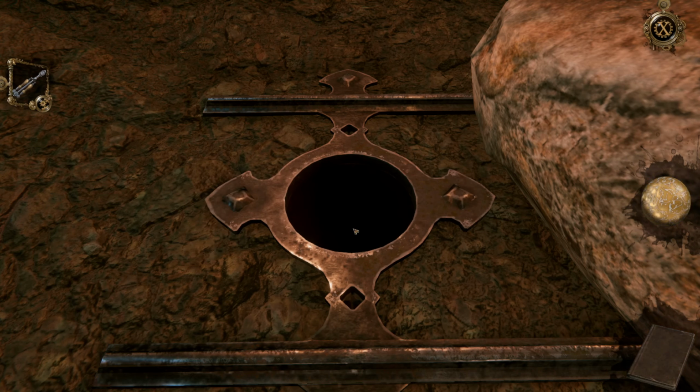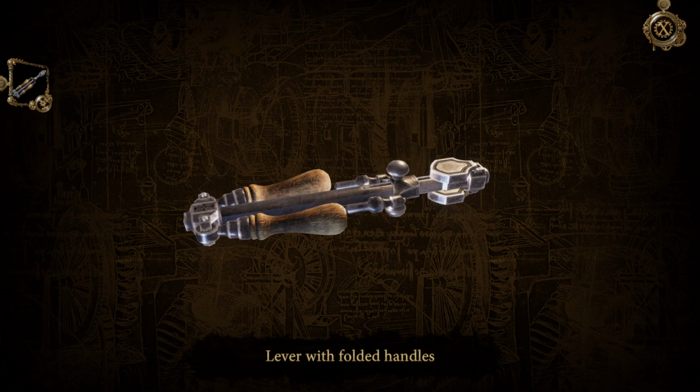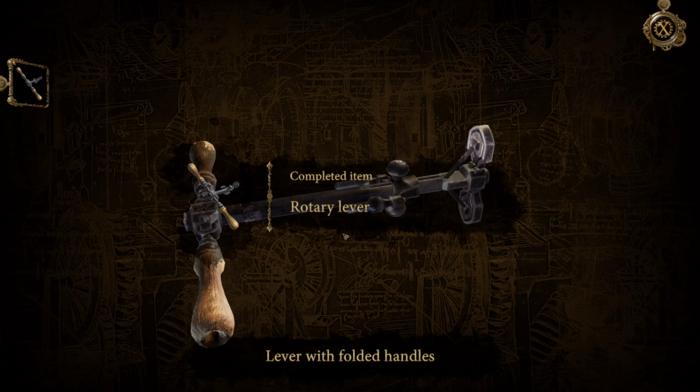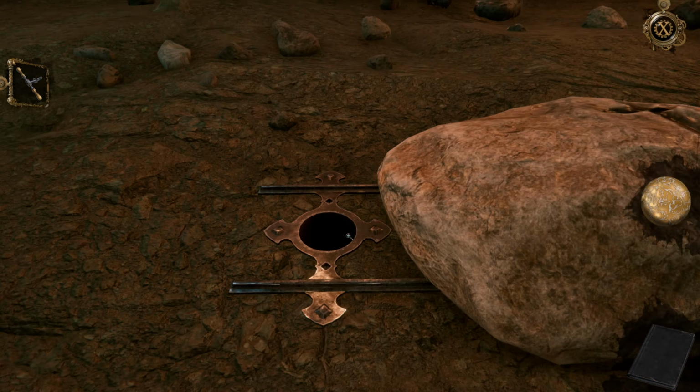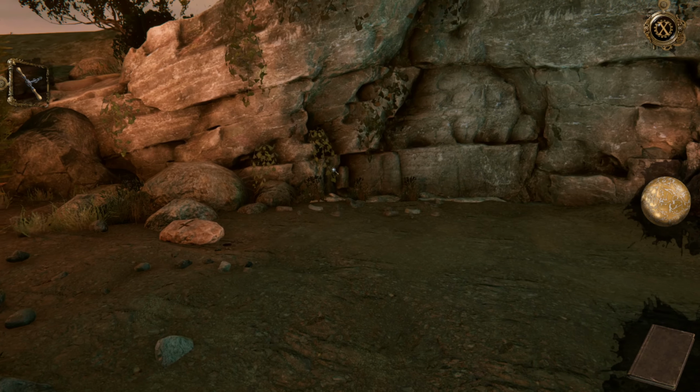A lever with folded handles, which means we're going to have to manipulate that. Okay. Very nice of them to put that mark on that rock for us.